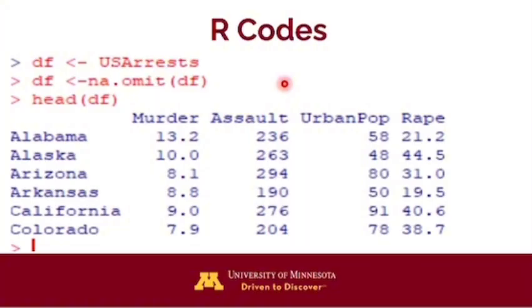Each of these variables is arrests per 100,000 residents, and we added urban population. The urban population here is the percentage of population living in a particular area.